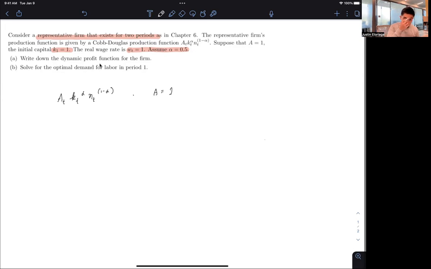So it's very simple. Say P1 is the price in period 1, and P2 is the price in period 2.